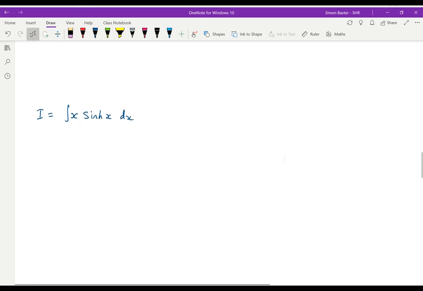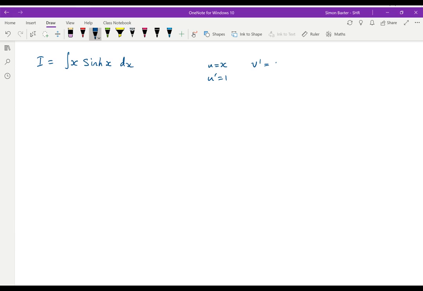Moving on. Integral of x sinh x. Exponentials, integrating x e to the x and x e to the minus x. Two lots of integrating by parts, whereas if we think of x sinh x, we're only integrating by parts once. So let's go straight into integrating by parts. We start with u equals x, u dashed is 1, v dashed is sinh x, v is cosh x.